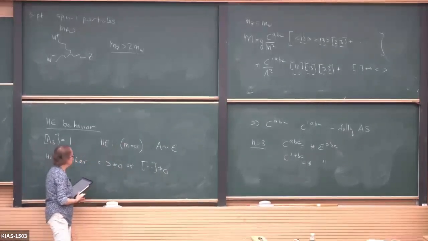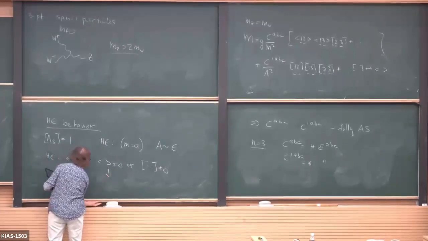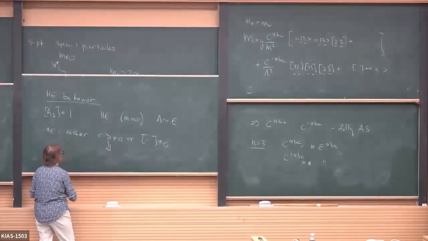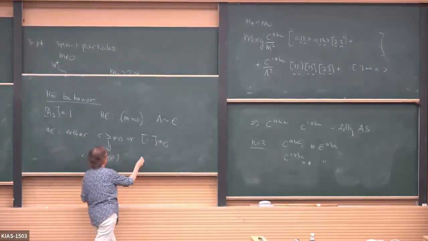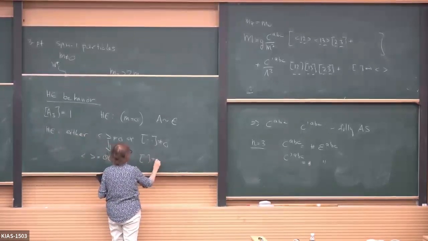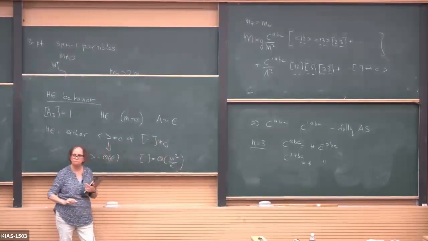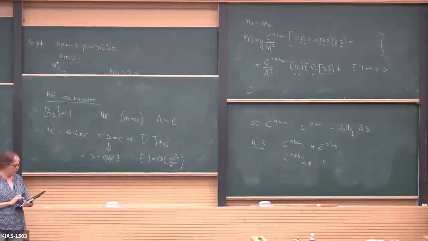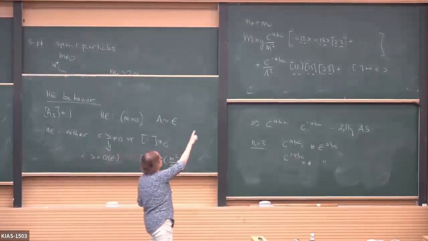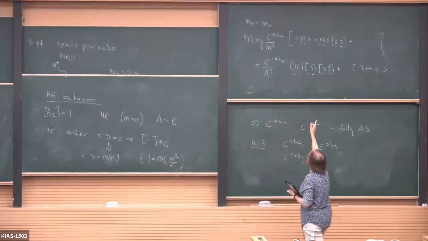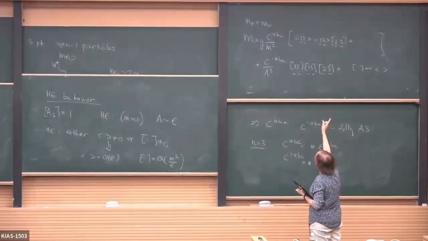So essentially what's going to happen is that if this is the case, then my angles are order E. And these here are order m squared over E. So based on this, we see that the term that I have on top has, for example, 2 angles and 1 square.